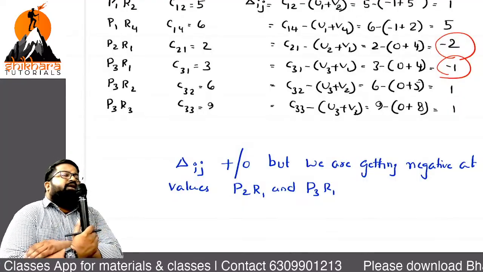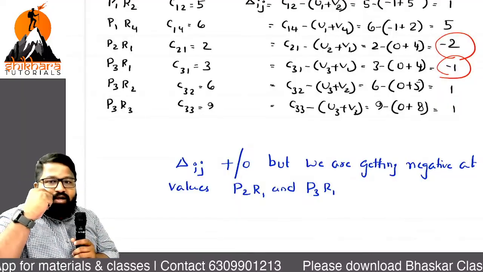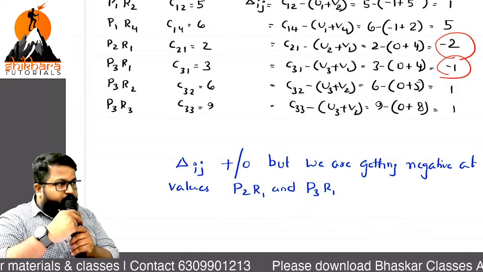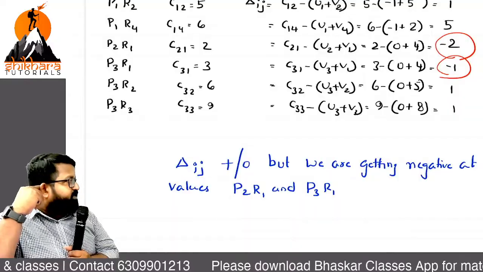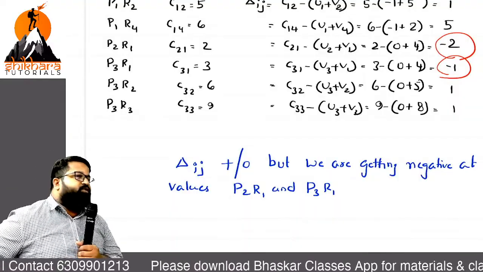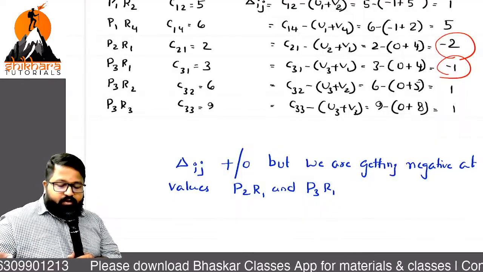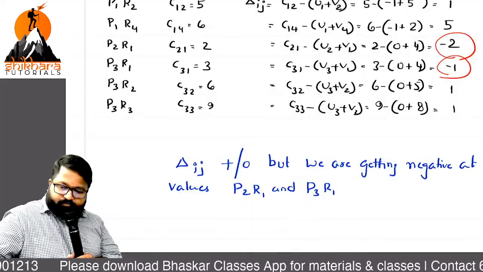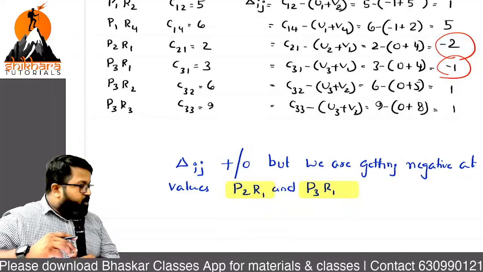What is delta IJ basically? It is opportunity cost. Okay, write the sentence more. Delta IJ can be either positive or 0, but we are getting negative values at two areas.